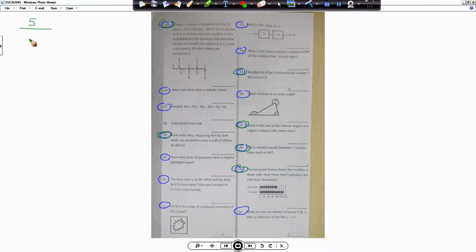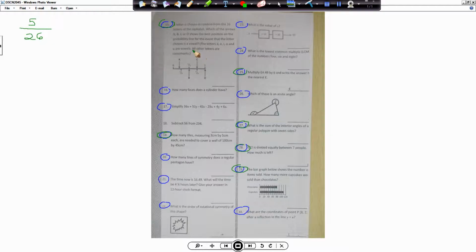How many letters are there in the alphabet? There are how many? 27? 24? 26. Come on, folks. 28? Okay. Now the number of letters in the alphabet is 26. So we have 5 over 26, which is approximately.